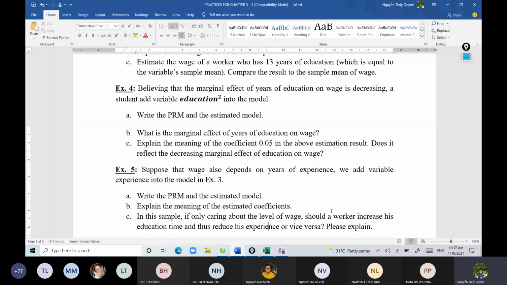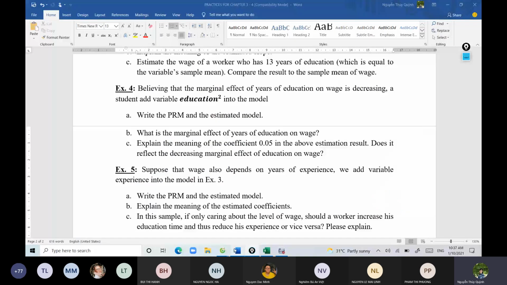Write the population regression model and the estimated model. Okay, exercise 4. Now let's think about exercise 4.